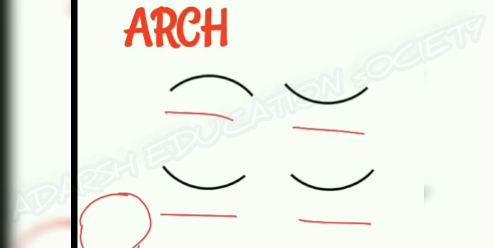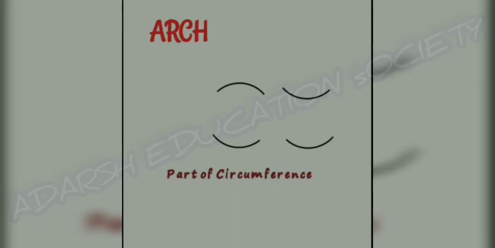So the arc is a curved part of a circle, right? Arc is part of the circumference. Children, I hope you all understand the concept of arc. Okay? Now let's continue our chapter.